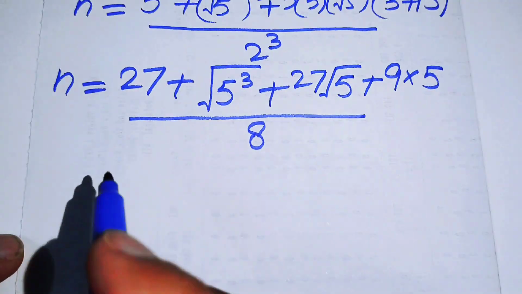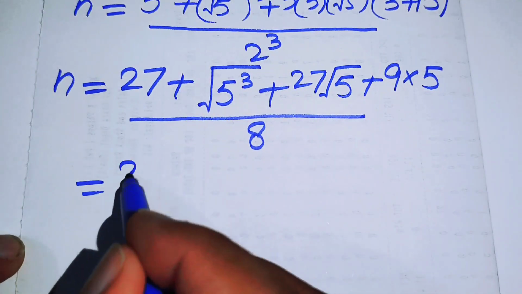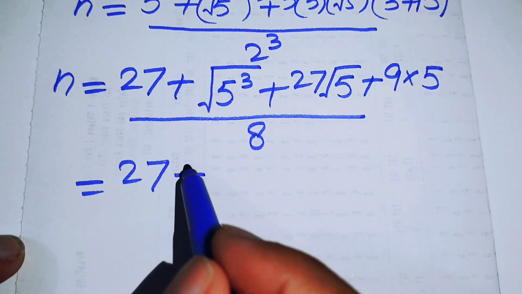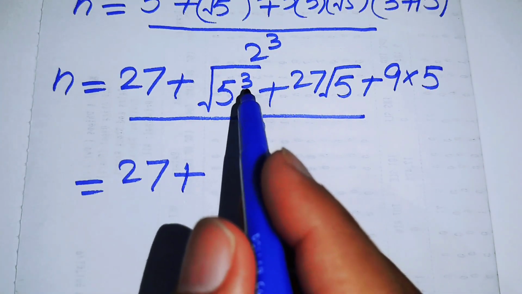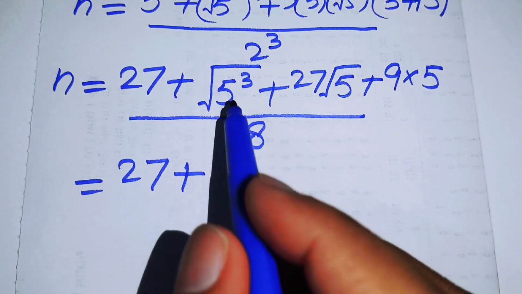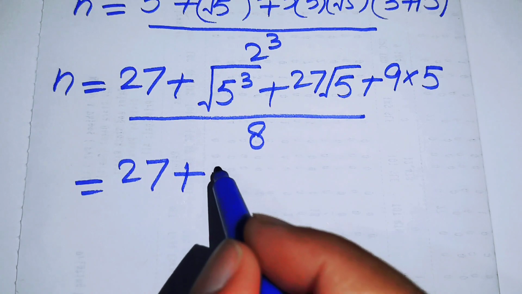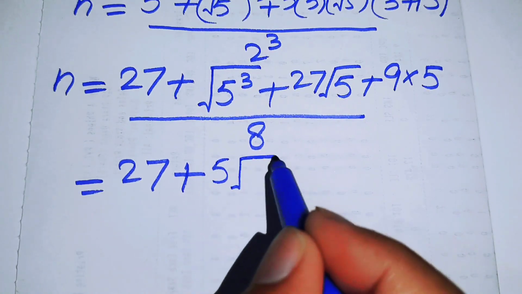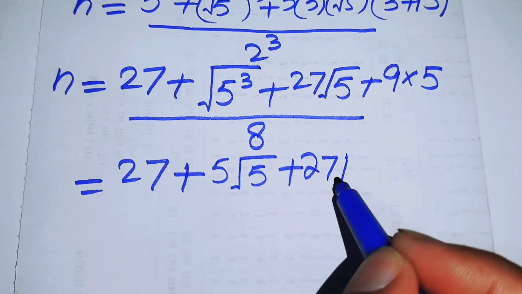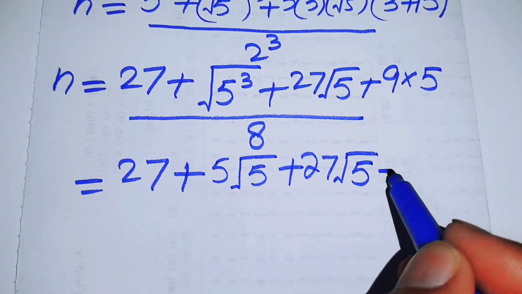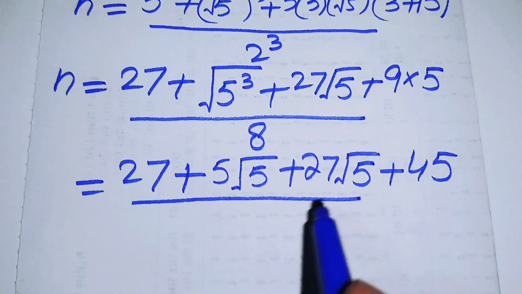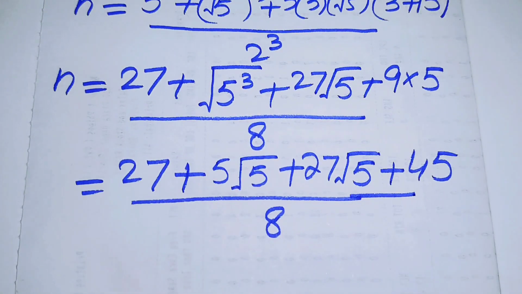And now in the next step we can simplify the terms, and here you obtain 27, and plus here you have 5 to the power of 3, which equals 125, and when you break it, 5 times 2 into 5, it becomes 5 times square root of 5, plus 27 into square root of 5, plus 9 times 5 equals 45, and this whole over 8.